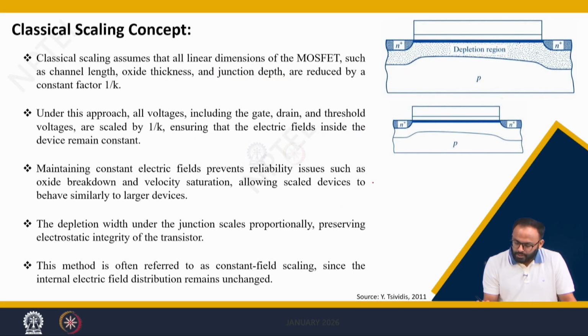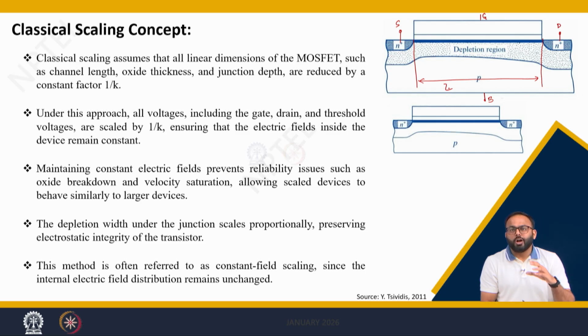Let us take an example where I have an NMOS, where this is the source, this is the drain, the body and the gate. The channel length is defined between source and drain. Now, from the long channel device, I want to design a short channel device considering all the electrostatics hold good, meaning the depletion region charge will be the same. Then I will follow some set of rules that come under Dennard scaling.